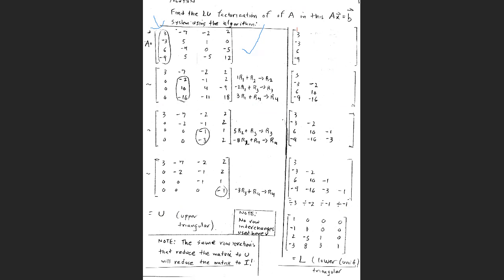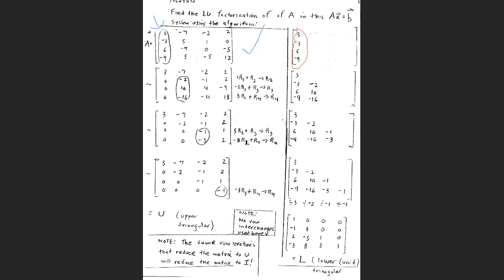Essentially, while I'm getting the matrix A in echelon form, while I'm row reducing it to an upper triangular matrix, at the same time I'm constructing my lower unit triangular matrix L. So I'm building the matrix U and the matrix L simultaneously.